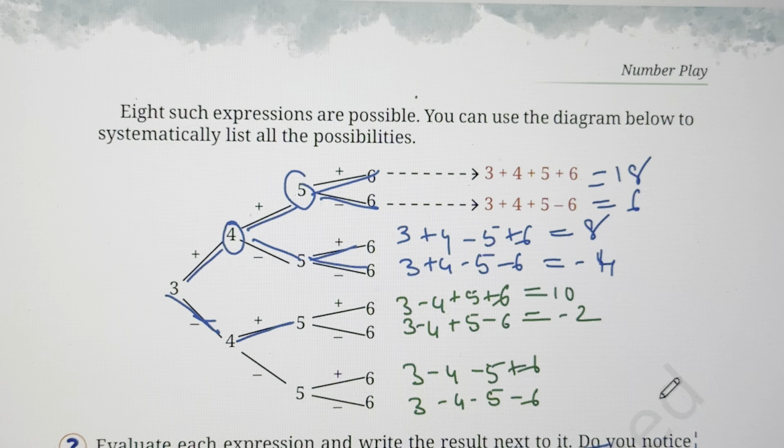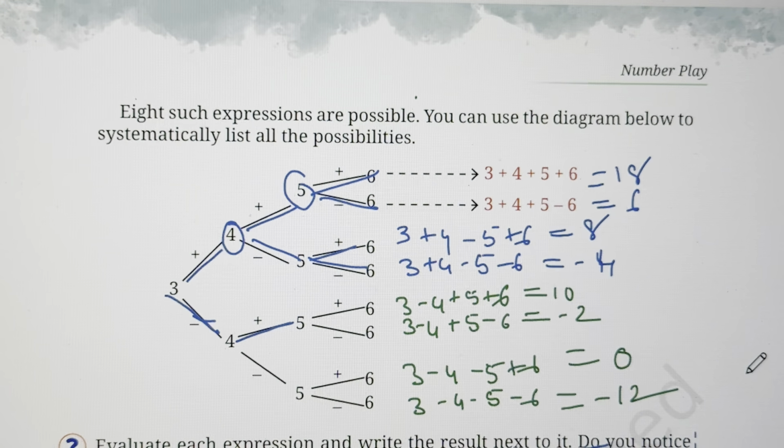Now 3 minus 4 is minus 1, minus 1 minus 5 is minus 6, and minus 6 plus 6 is 0. Then 3 minus 4 is minus 1, minus 1 minus 5 is minus 6, minus 6 minus 6 is minus 12.